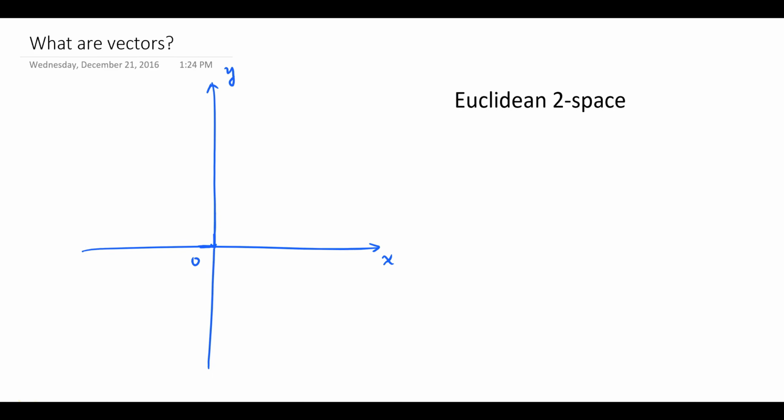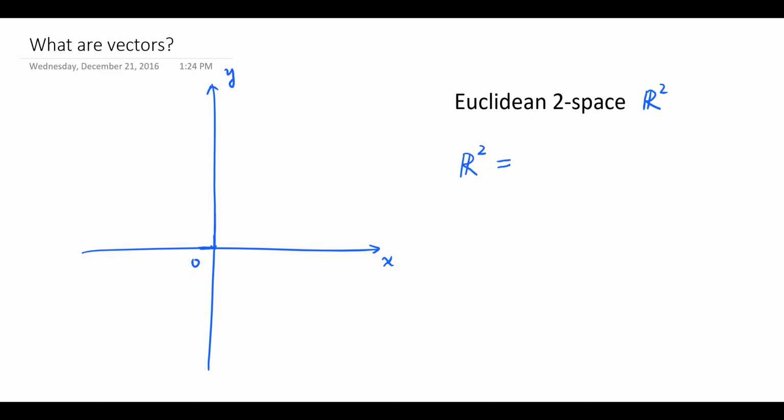I'd like to take a moment here and emphasize a few concepts. The xOy plane is often referred to as the Euclidean 2 space with the notation R2. The Euclidean 2 space, R2, is algebraically defined as the set of all two tuples where each coordinate of the two tuples is a real number.